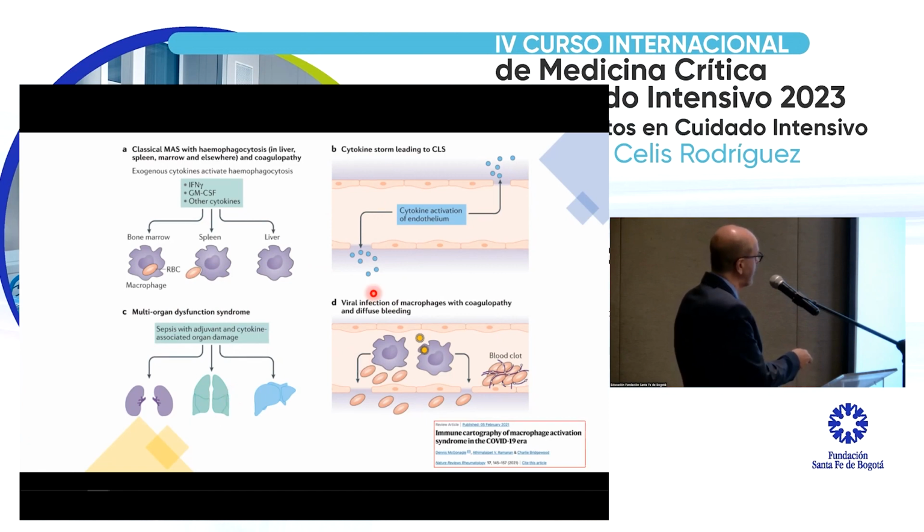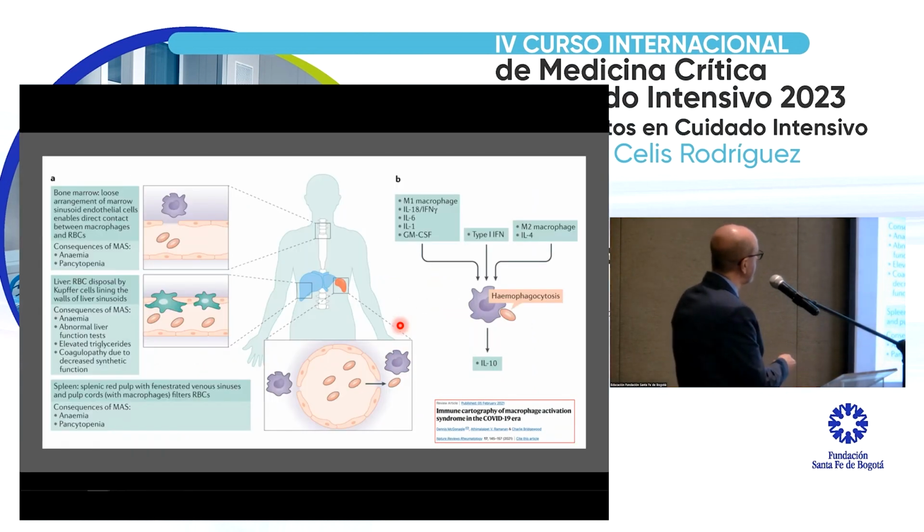And you can see a viral infection with macrophage activation of the coagulation system producing thrombosis, etc., or diathesis with hypofibrinogenemia, like you see in dengue. Then the three systems that are basically affected are the bone marrow, the liver, and the spleen, as you can see here. And the picture is persistent.